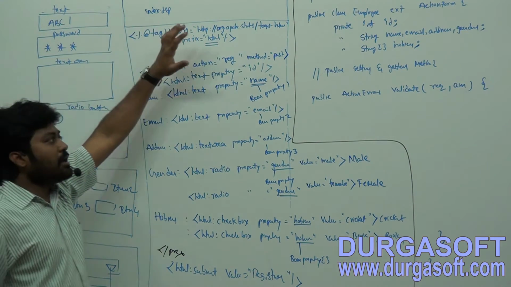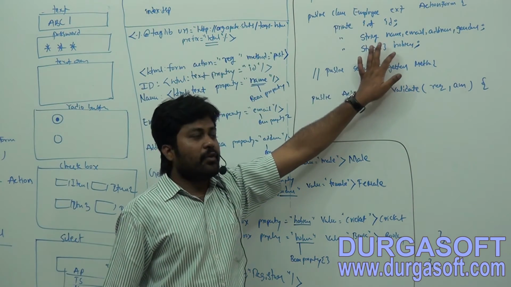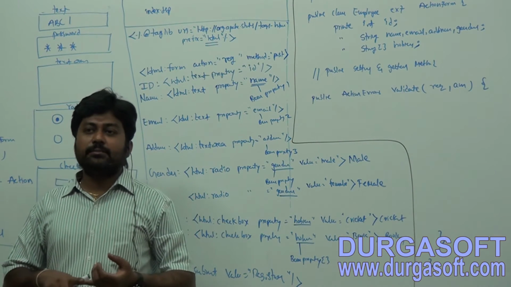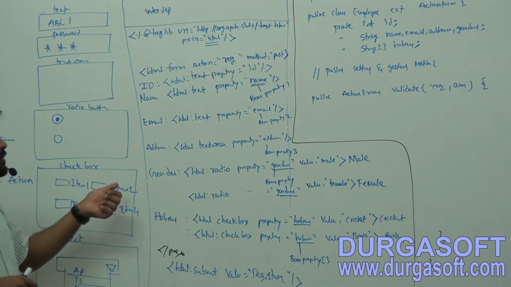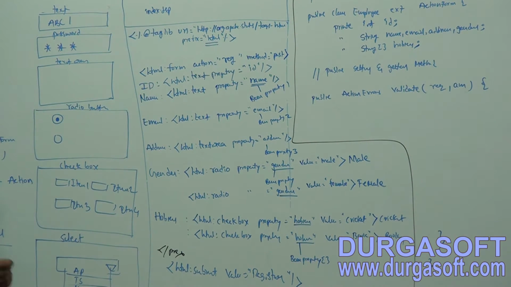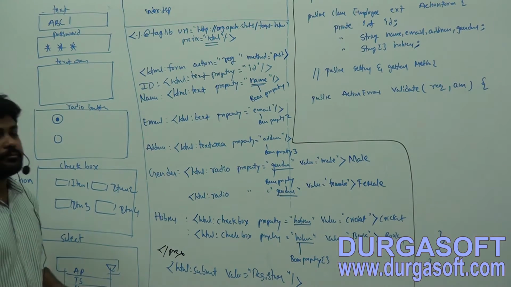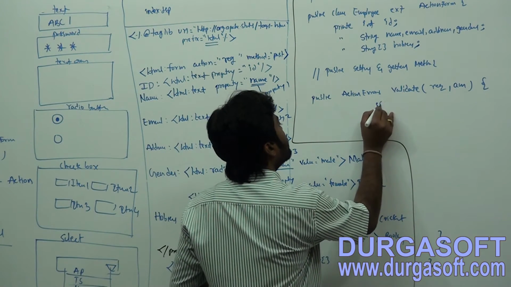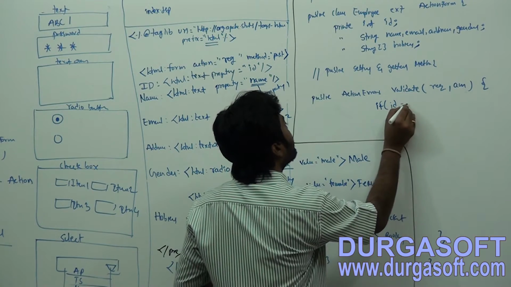And I need to check hobbies. If the hobbies array index 0 is empty, I want to send one simple error message: at least one hobby is required. So how to write those conditions? For ID, I want to check whether it is 0 or not.